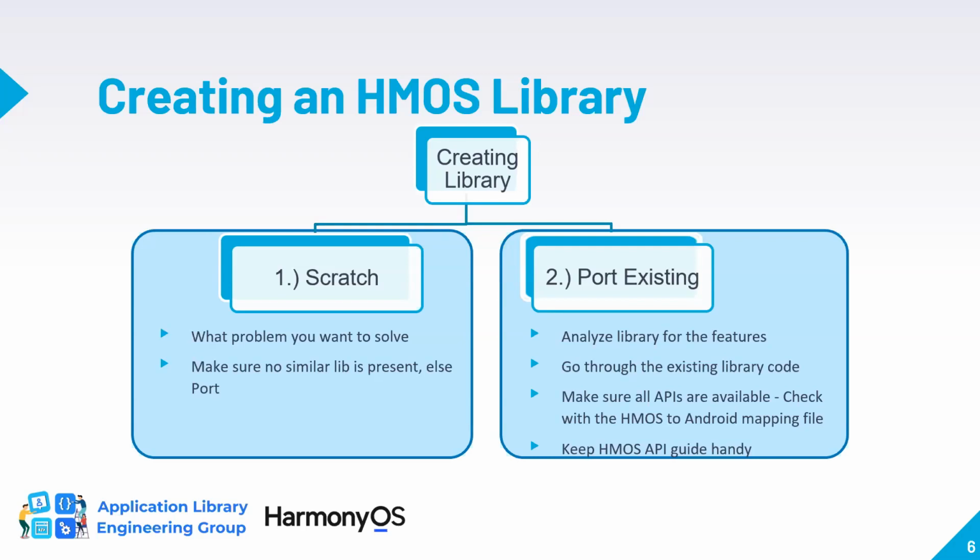And the third point is here. When we are going through the code, we make sure that we check whatever APIs or classes of the Android platform are used in this library, and whether these are available in Harmony or not. Most of the classes have alternate APIs present in Harmony OS, and we expect that on a regular basis more and more APIs are coming.